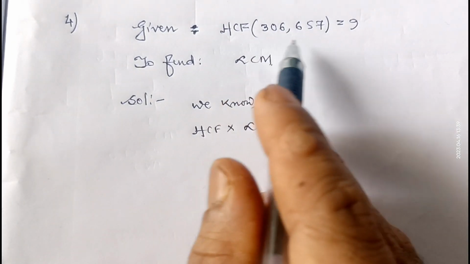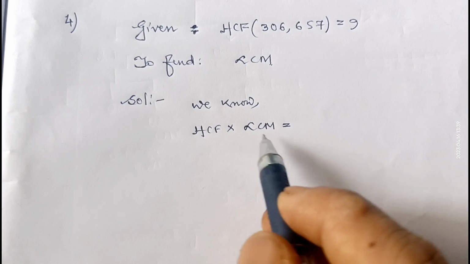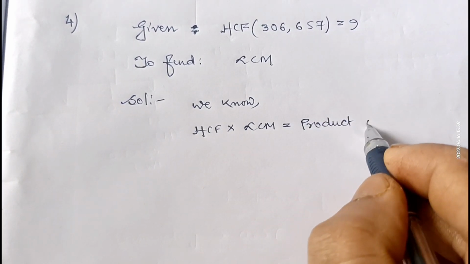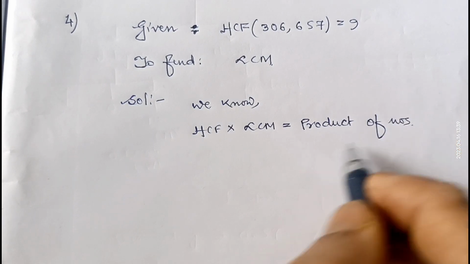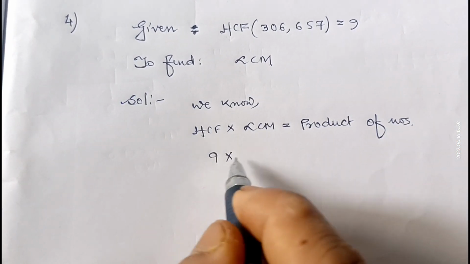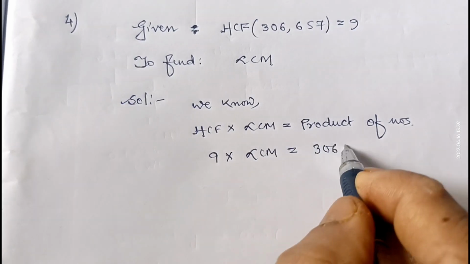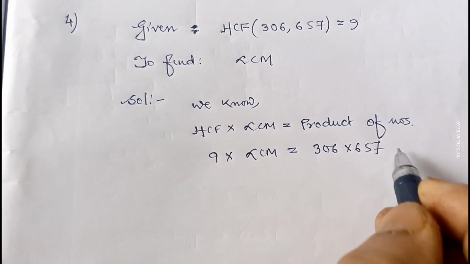Remember that this rule is applicable when two numbers are given. So HCF is 9, LCM is not known, and the product of the numbers will be 306 into 657.